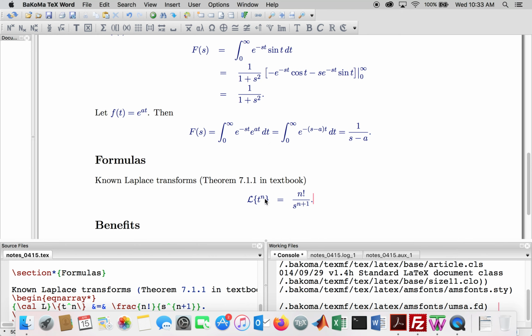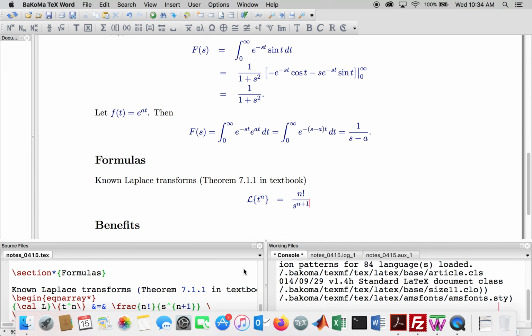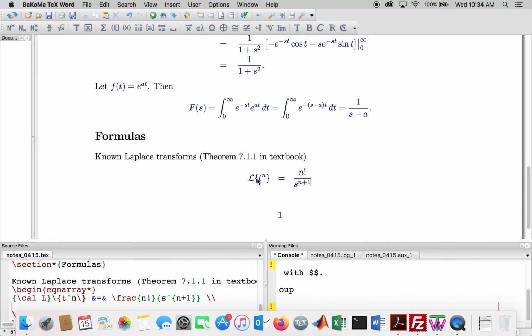So we saw that when n equals 0, we get 0 factorial, which is 1, over s to the first power. The Laplace transform of t would be 1 over s squared. The Laplace transform of t squared would be 2 over s cubed, and so forth. So whatever power you have here, you always have one greater than that in the denominator, and then you have its factorial up top. All right, so that's the powers of t.